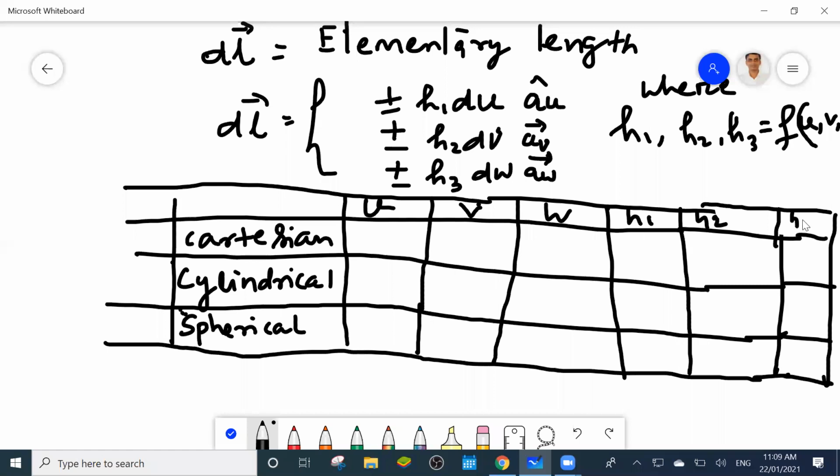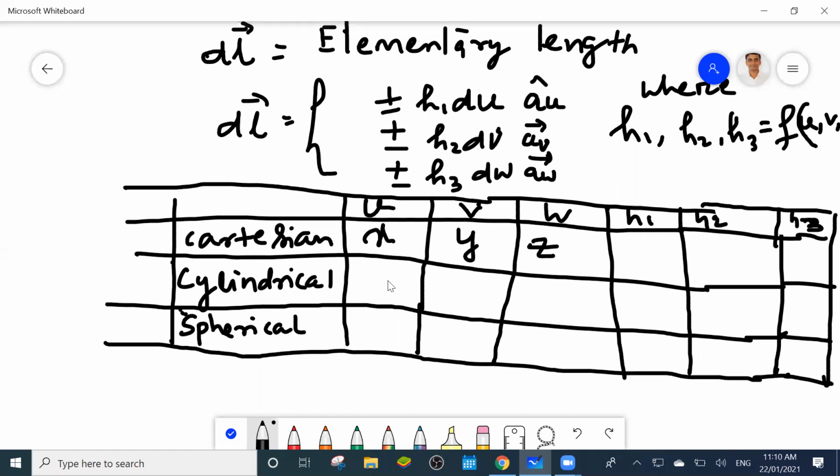See here. Now, all of you clear that in case of Cartesian coordinate system, u I will write in terms of x, v I can write in terms of y, and w I can write in terms of z. If it is x, y, z, then I can say it is a Cartesian coordinate system. Suppose one vector is given A equal to Ax ax cap plus Ay ay cap plus Az az cap, then I can say this is a Cartesian or rectangular coordinate system.